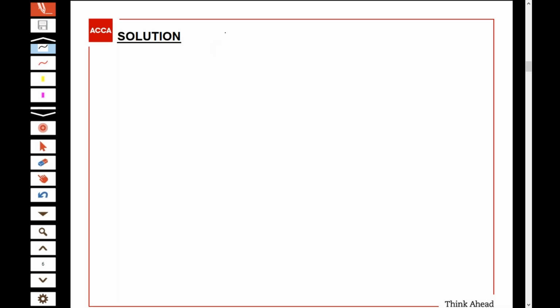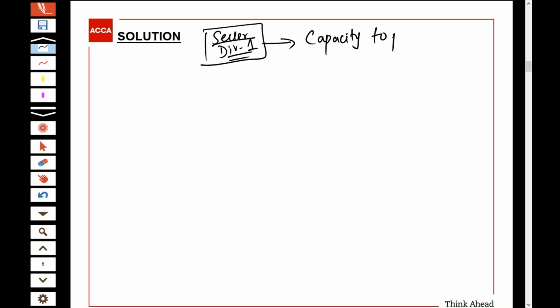Just pay attention. See, seller division number one has the capacity to produce only 150,000 units. This is its maximum capacity.